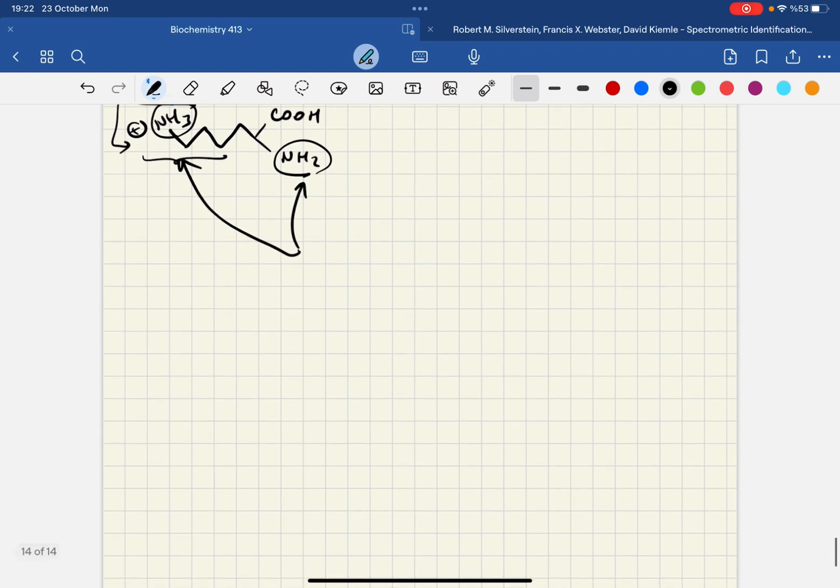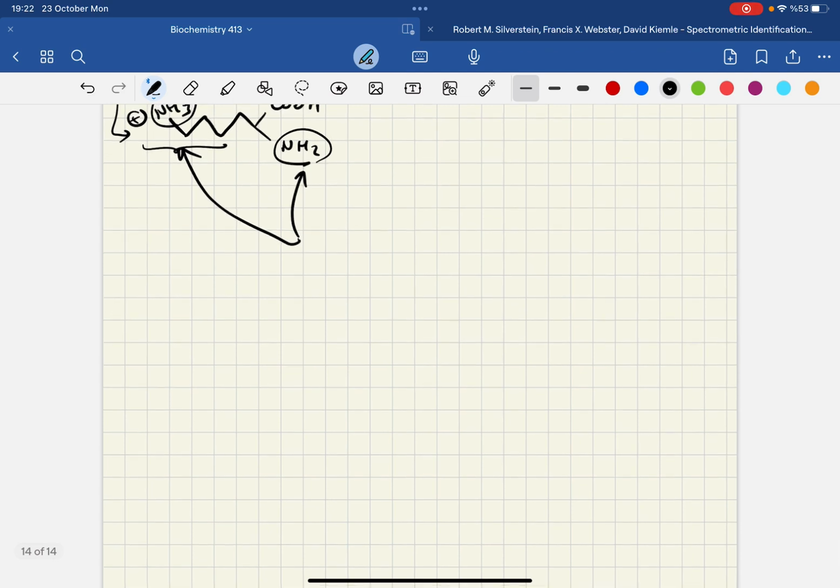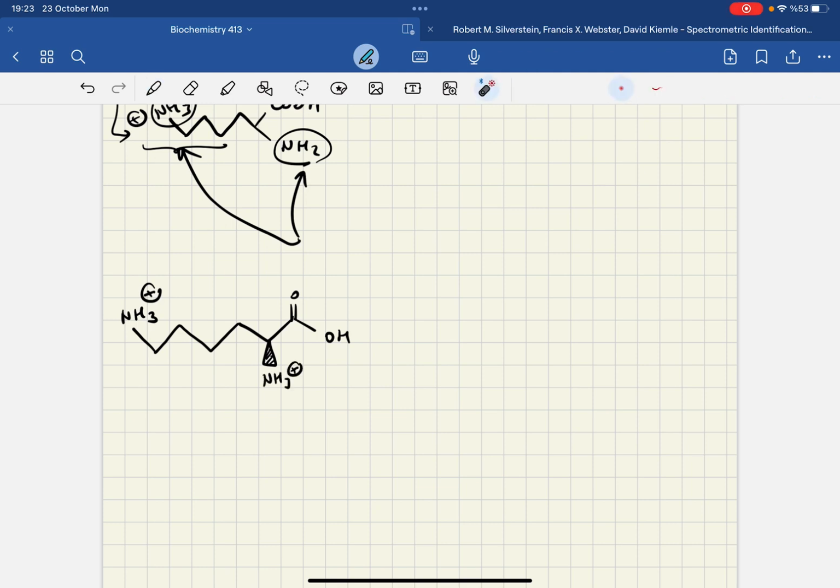Now I will show you the pKa and then the pI value of this compound. So first of all, let me write the compound again. We had this one, and 1, 2, 3, 4 carbons, and then another one. First of all, we have a low pH, meaning that we have a high concentration of hydrogen, and therefore we have hydrogen here, here, and here.